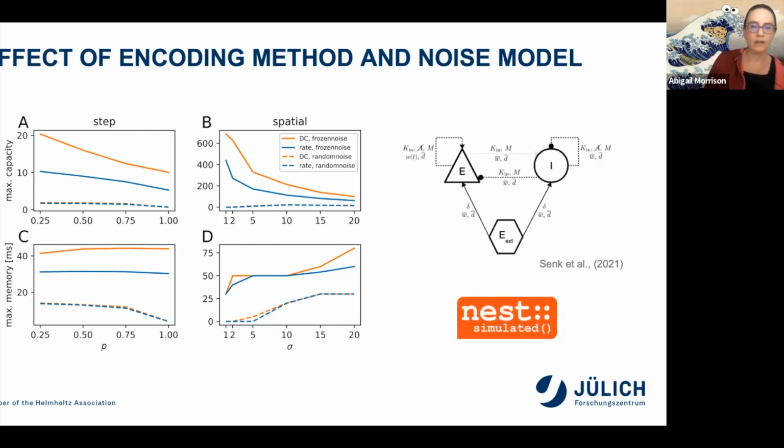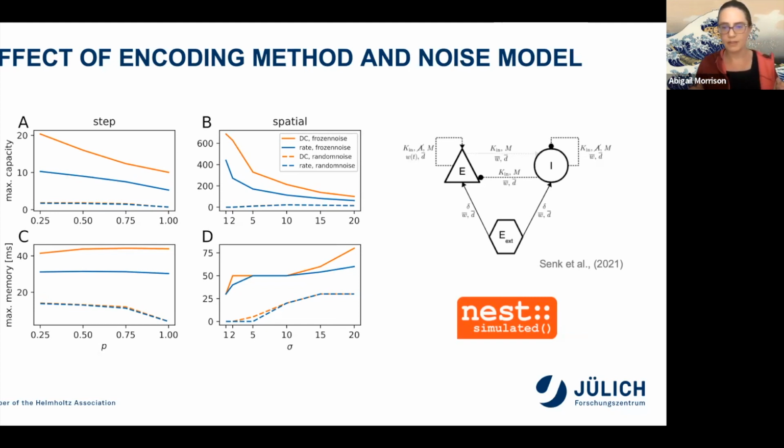Finally, if we just concentrate now on the spatial encoding, we can see that the maximum capacity that the network can represent goes down as the spread of the Gaussian that is representing the input increases. So if we want a high capacity, then we want a small spread. But it's the other way around for the memory. So if we want long memory, then we need a wider spread.